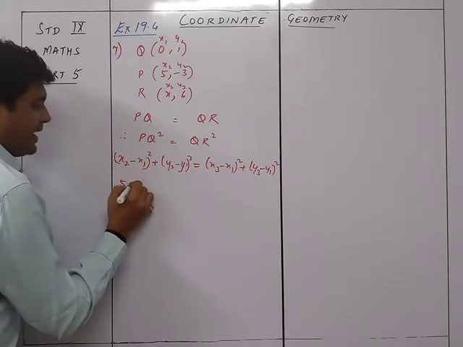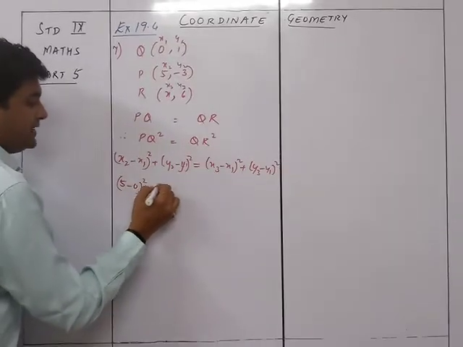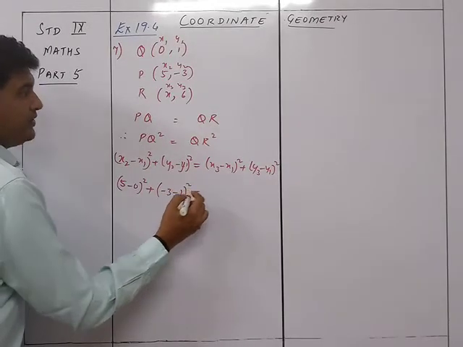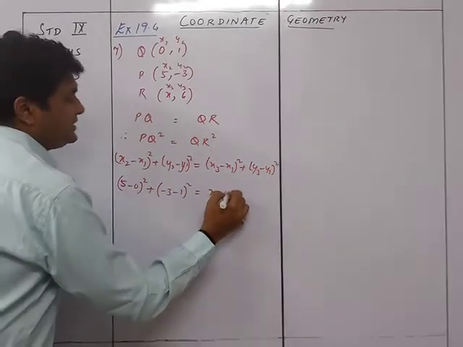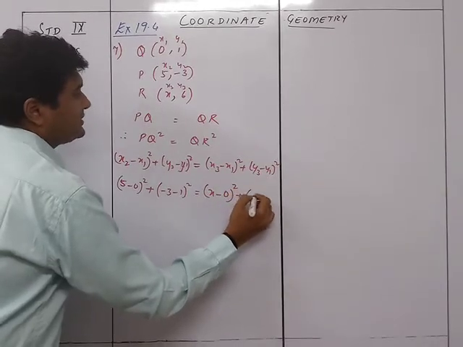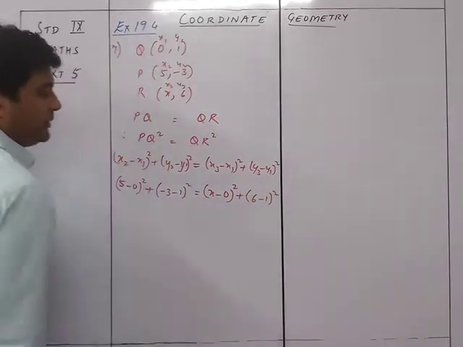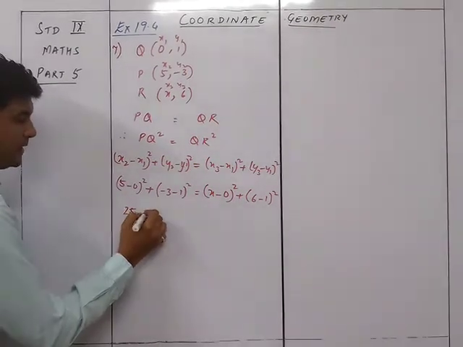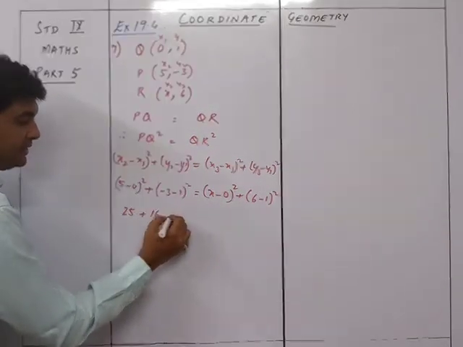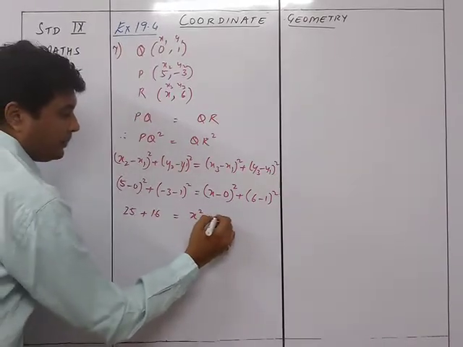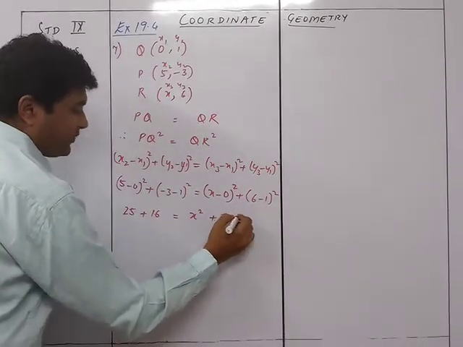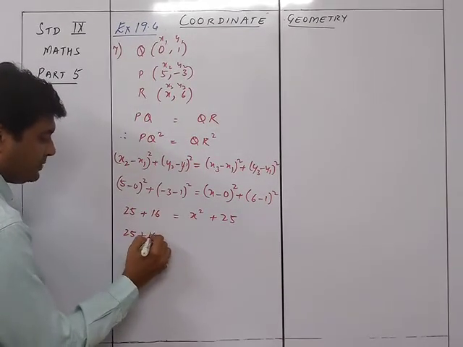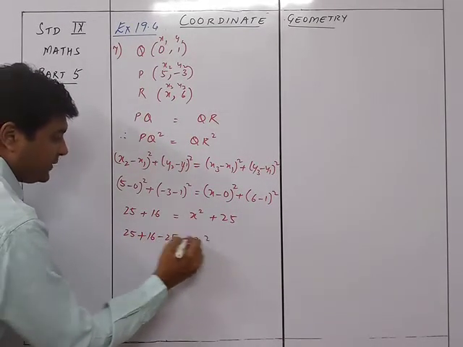That is 5 minus 0 the whole square plus -3 minus 1 the whole square is equal to x minus 0 the whole square plus 6 minus 1 the whole square. This will be 25, this will be 4 square, 16, is equal to x square plus 5 square, 25. So 25 plus 16 minus 25 is equal to x square.